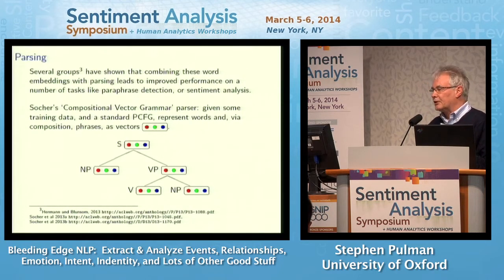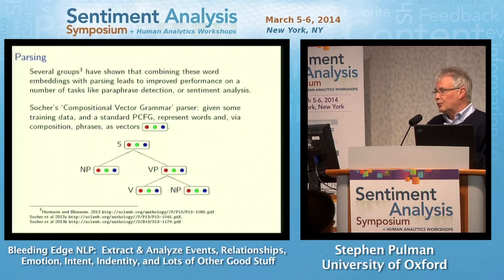But the one that I'll talk about here, because it's the simplest, is Richard Socher's parser, which is now the version of the Stanford parser that you get if you use the online Stanford parser or download the Stanford Natural Language Tools package.